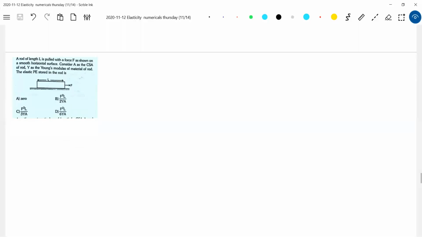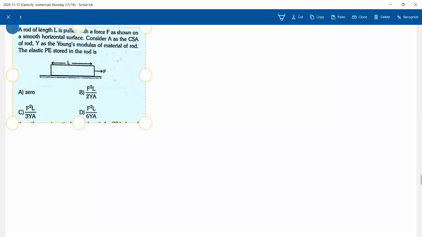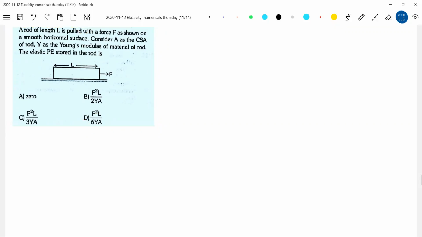Okay, tomorrow we'll focus on these things. Already I discussed it; once again I'm just testing how elastic potential energy is stored in the rod.